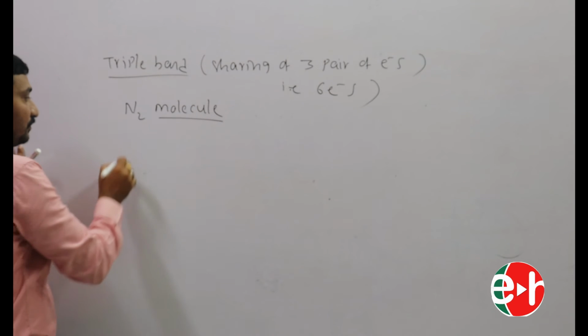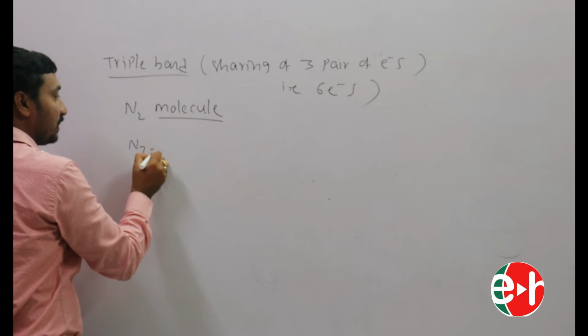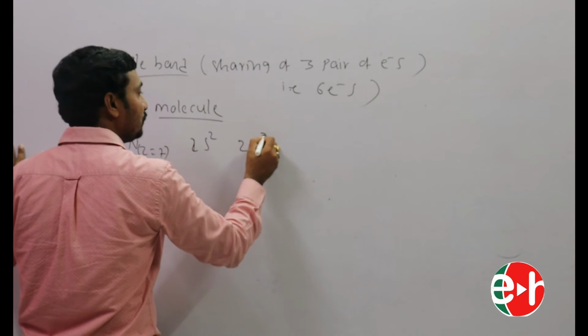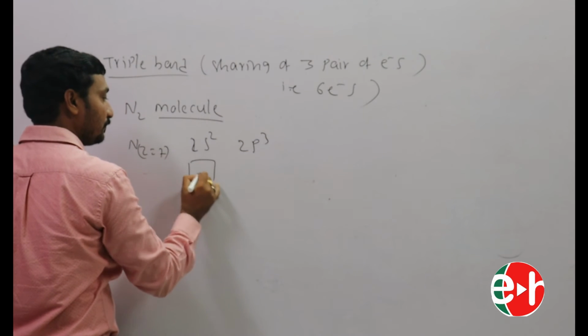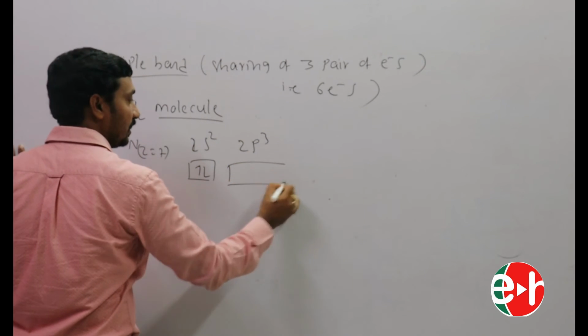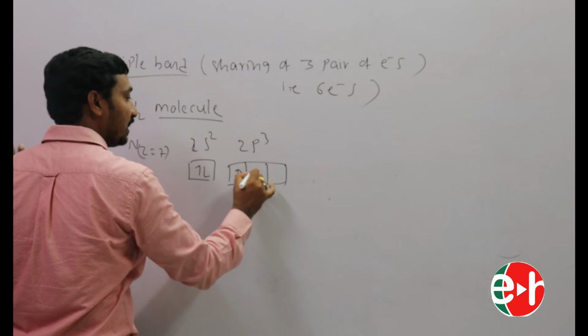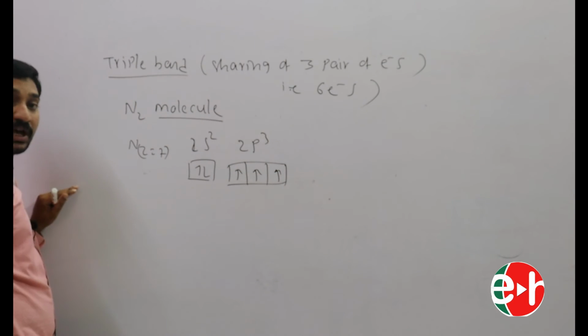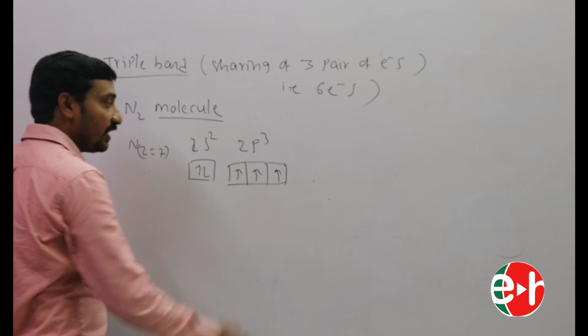Example: N2 molecule. Nitrogen, atomic number 7, valence state electronic configuration 2s2 2p3. It has 3 unpaired electrons in its valence shell. Another nitrogen atom also has 3 unpaired electrons in its valence shell.